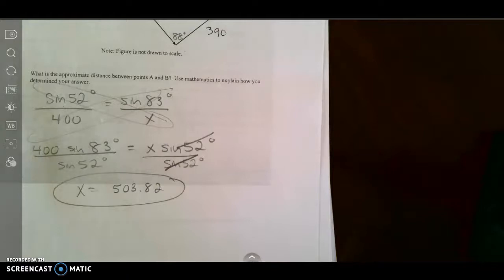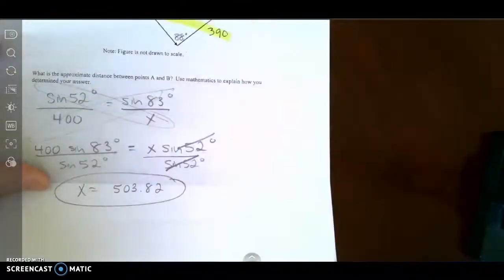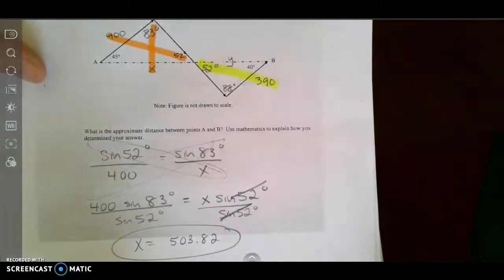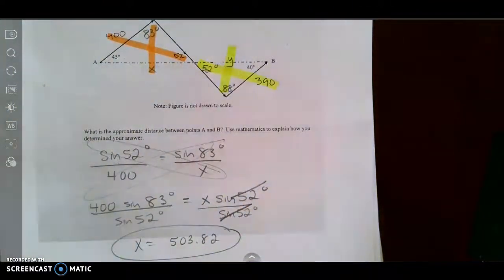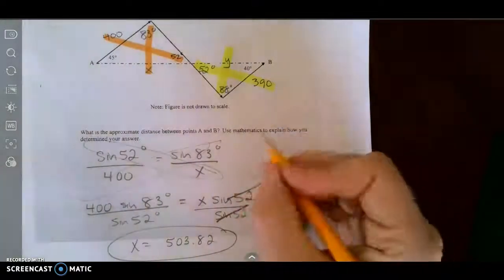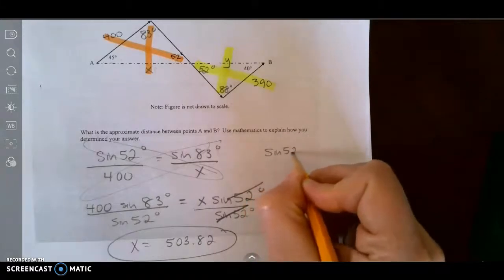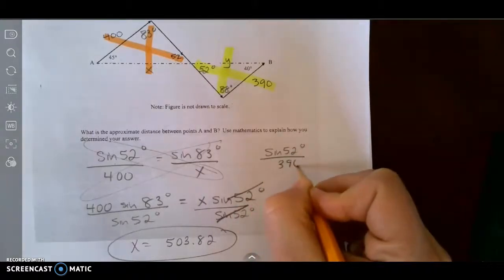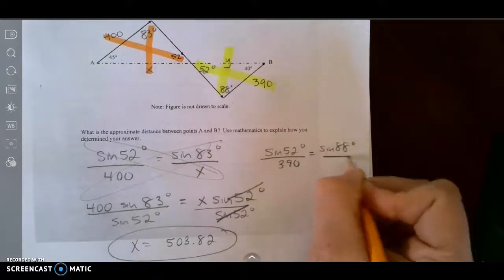So again, I'm going to look at the angle in the side that I have, which is this one here. And then I need this one. So I'm going to do the same process that I did on the left side. So I've got sine of 52 degrees divided by 390 equals sine of 88 divided by y.